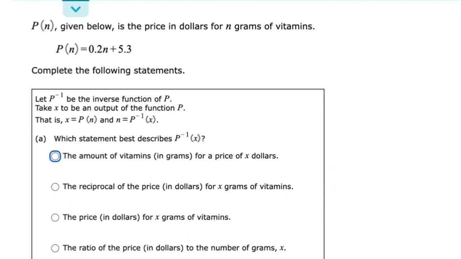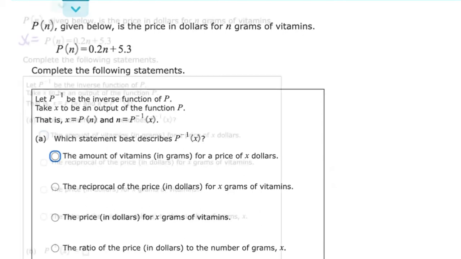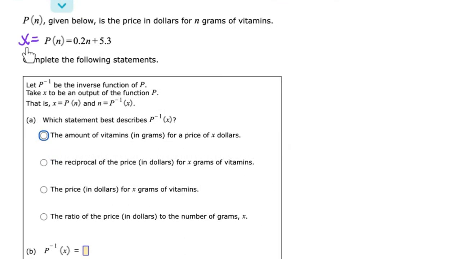So I'll first start off by letting x equal P of N. So now I have x as a function of N, and remember N is the number of grams of vitamins. So I have x in terms of N. That is, I have x, which is in dollars, equal to 0.2N plus 5.3, where N is equal to grams of vitamins.